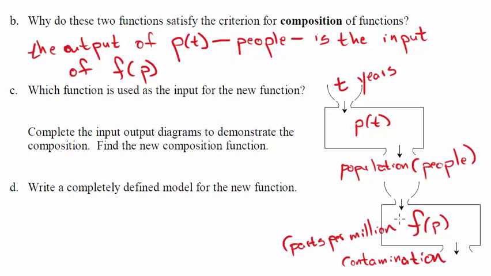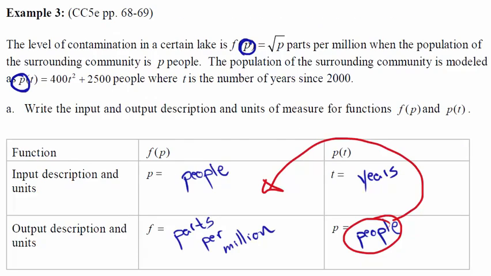Okay, so if we were going to combine these algebraically, I want this new function, which we're going to call f of t, because we're going to bypass the population here. So I'm going to take the square root of this whole function that we now have for the population. What I'm doing here is taking this entire function for the population and plugging it into my contamination function.